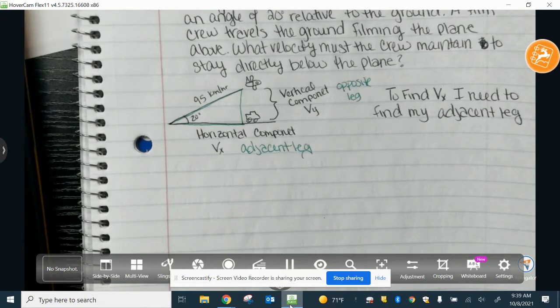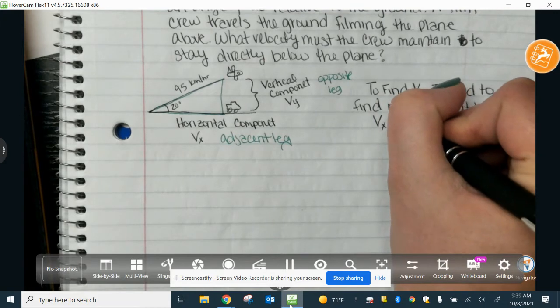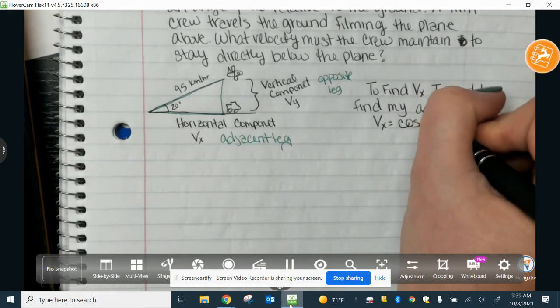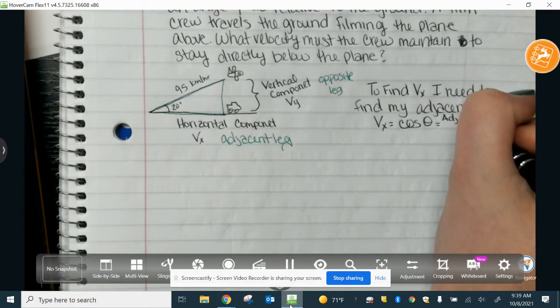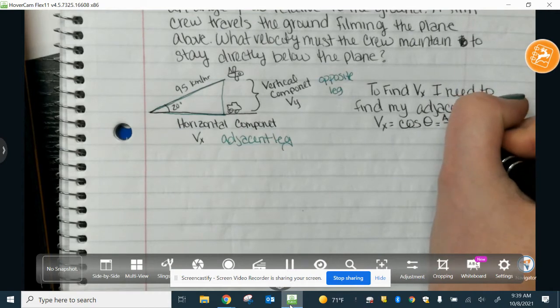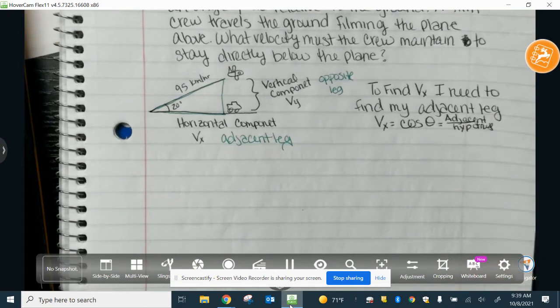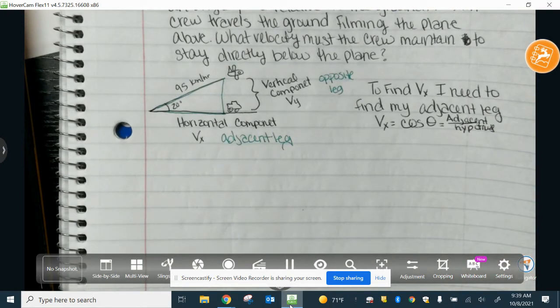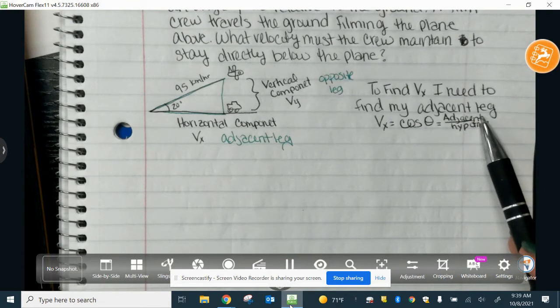So I have a formula to do that. I'm going to use cosine of theta is equal to my adjacent over my hypotenuse. But again, what I really want is this adjacent.